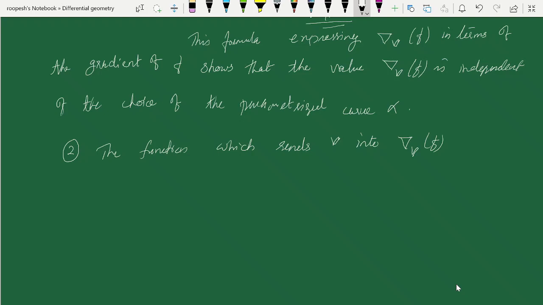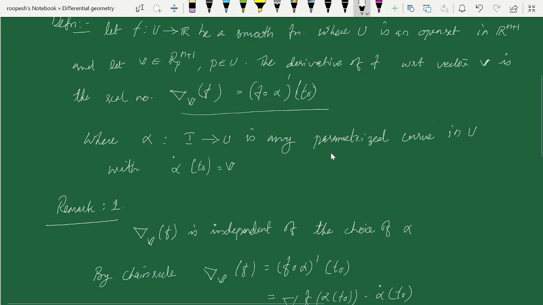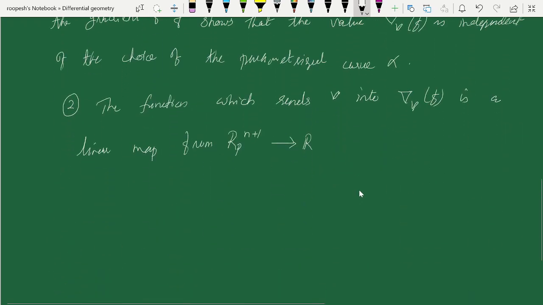So that map is a linear map from R^(n+1) to R. When you are finding your derivative with respect to a vector, you are taking a v belonging to R^(n+1), and we have a mapping from this v to del v of f. That mapping is a linear map.